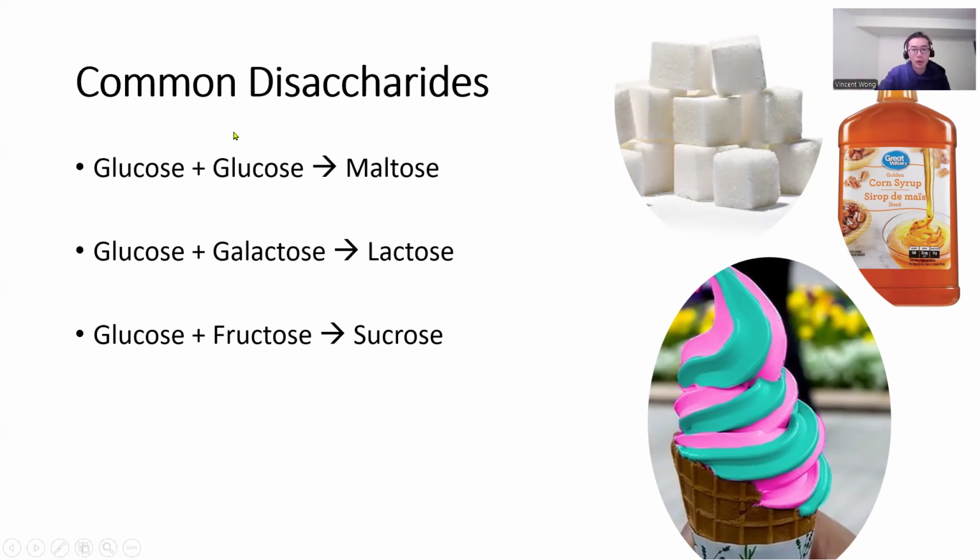Glucose plus glucose gives you maltose. If you look at the candy bar ingredients, you will almost always find maltose in it. Glucose plus galactose gives you lactose. That's the stuff that you will find in dairy products like ice cream. Glucose plus fructose will give you sucrose. We already talked about that, your kitchen sugar.